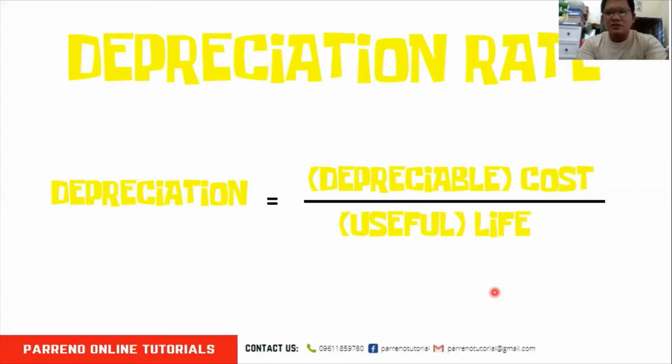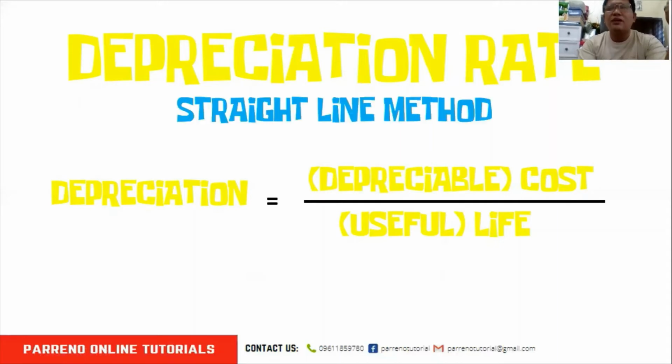Okay, so let's proceed with computation of the depreciation rate. The most common method of computing depreciation is the straight line method. Straight line meaning we get the same depreciation expense amount every year.